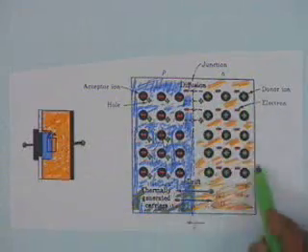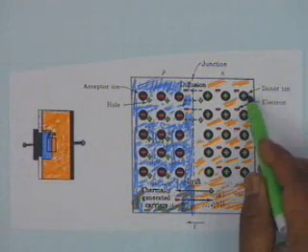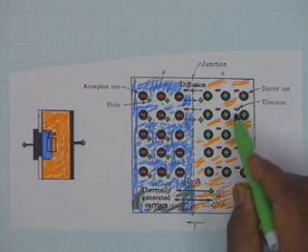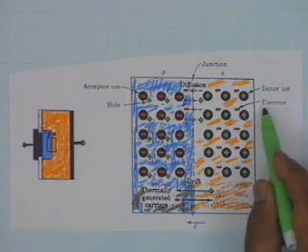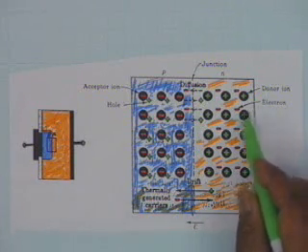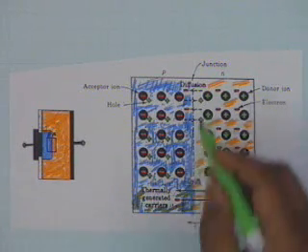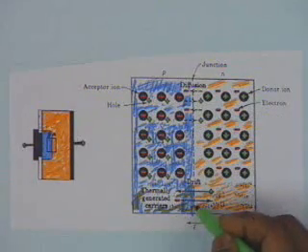Similarly on the right hand side, these are the donor ions which are bound fixed positive charges. These small red bars are electrons, mobile electrons, free to move.